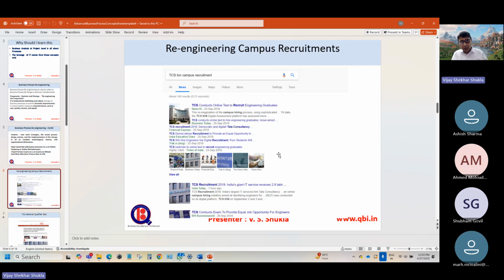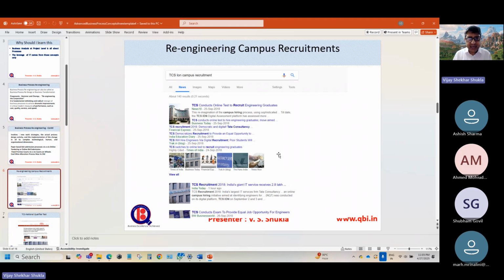But then somewhere in 2018, they started to conduct online tests to recruit engineering graduates. What happened? They had a larger span. Instead of going to only 35-40 engineering colleges, now they can touch upon 200 plus engineering colleges. Because of online tests, they were able to process applications faster.